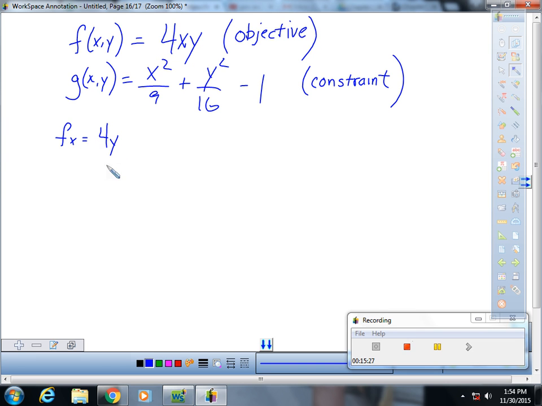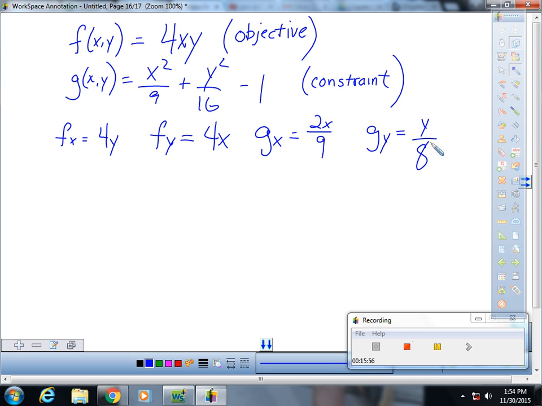It's 4y. Just simply our f sub x and our f sub y. I'm just doing calculus right now. 4x. And our g sub x, 2x over 9. And our g sub y, y over 8.